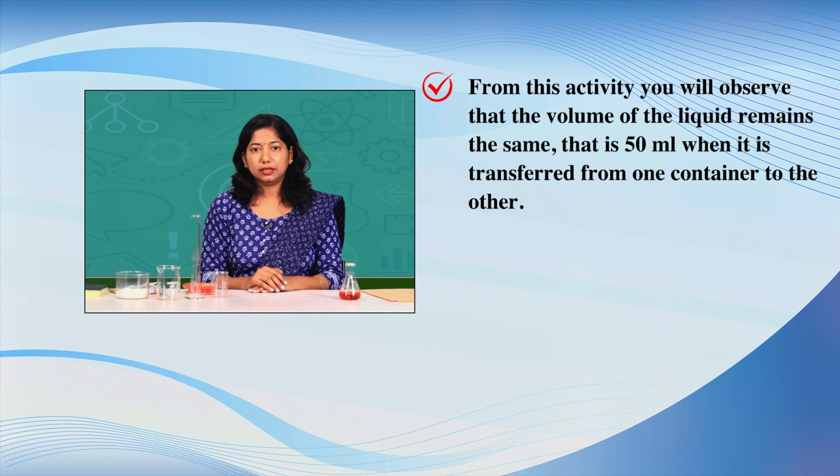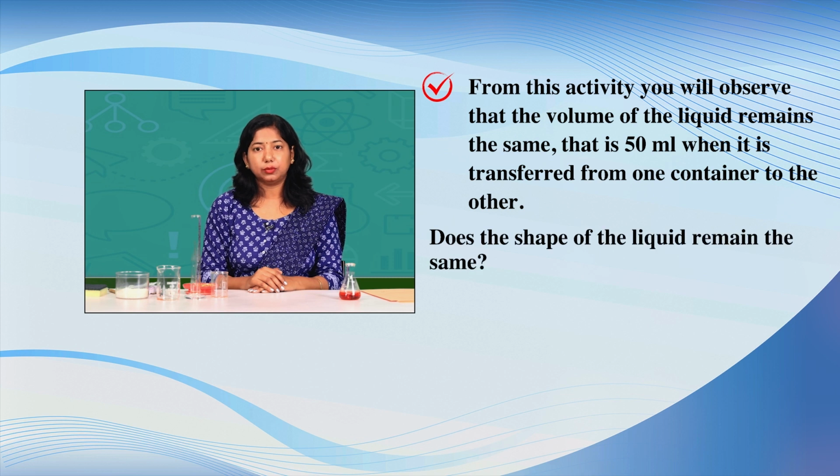Now you will see the volume is still the same. From this activity, you will observe that the volume of the liquid remains the same, that is 50 ml, when it is transferred from one container to another.